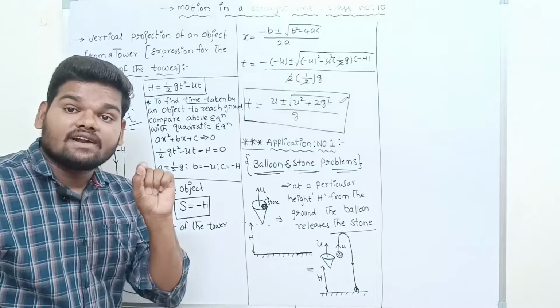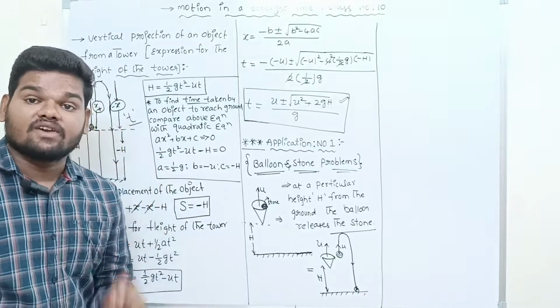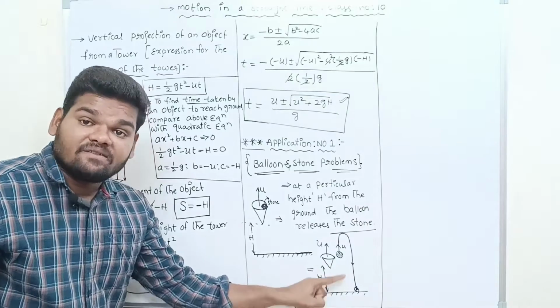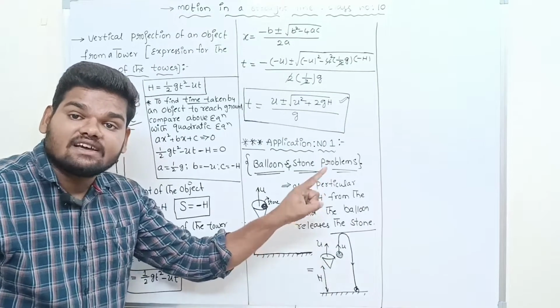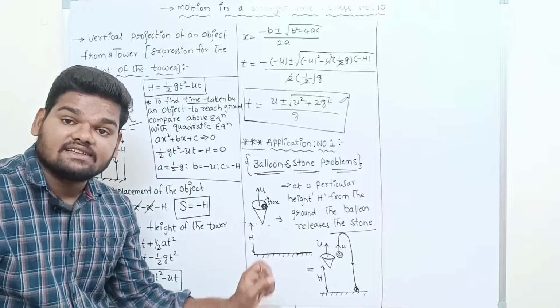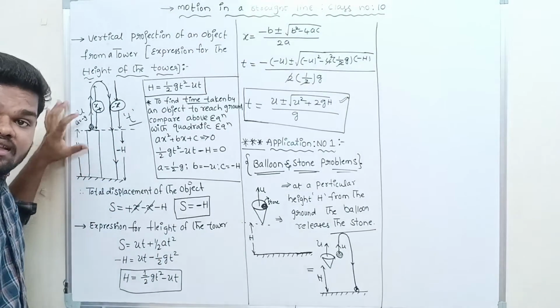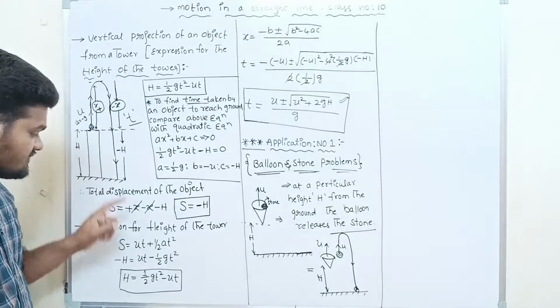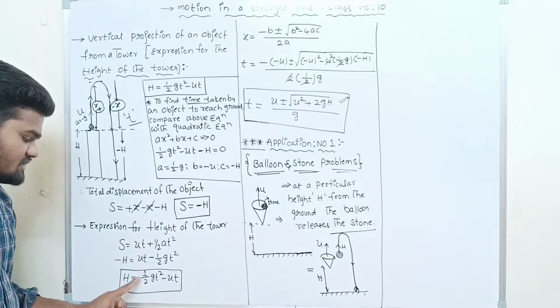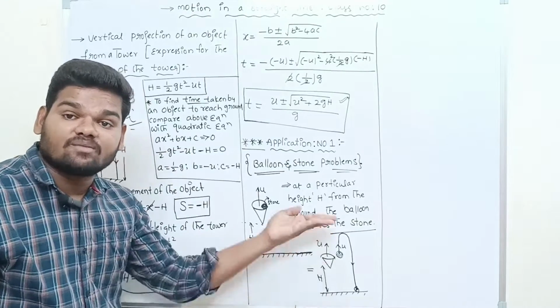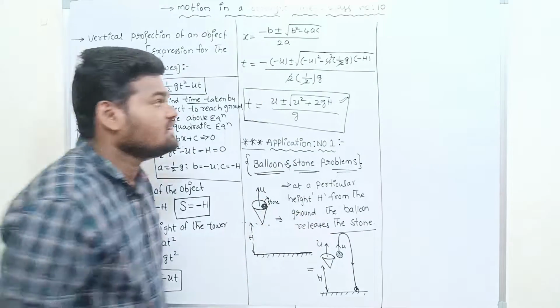What is the height of the balloon from the ground when it releases the stone? What is the height of the tower when it releases the stone? How much? H is equal to half gt square minus ut. Now what is the height of the balloon from the ground just as it releases the stone?